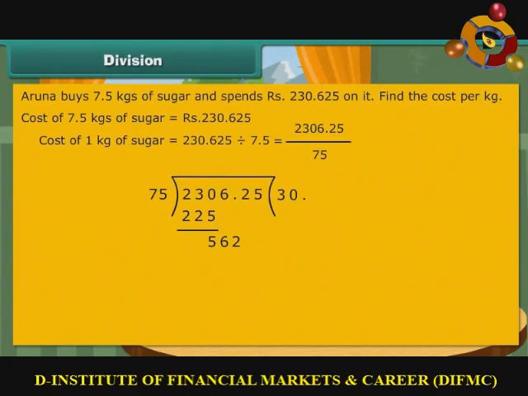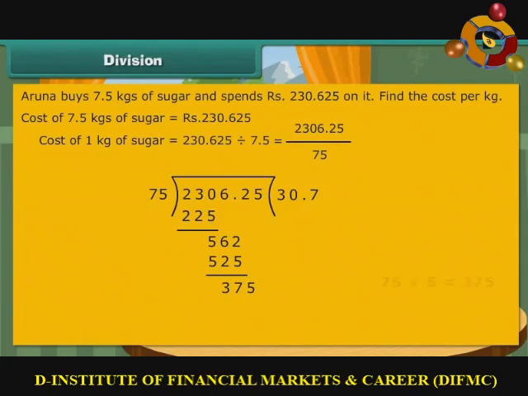The new number 562 holds 7 times 75, that is 525. Subtract and write the difference, 37 below. Bring 5 down. The new number formed is 375.